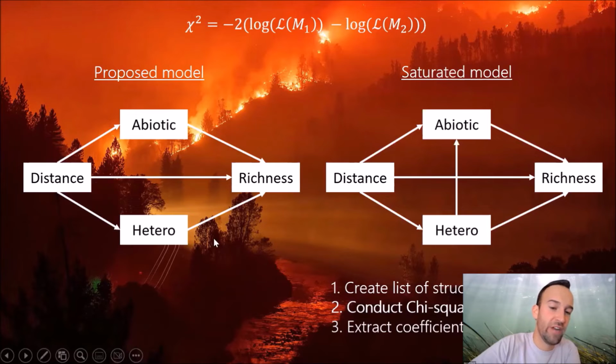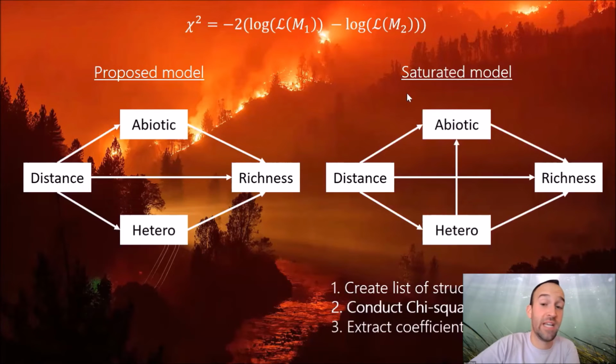We can extract and sum the log likelihoods of each of these individual regressions for both the proposed and the saturated models, take the difference, and multiply by -2. That gives us a chi-squared statistic, which we can then compare to a chi-squared distribution to get our model-wide p-value. Again, this is a very new implementation, which is really exciting. It brings it more into parity with the existing global estimation methods in lavaan.